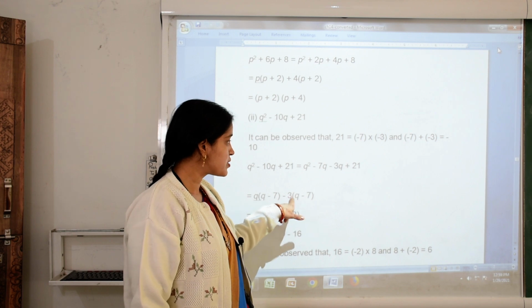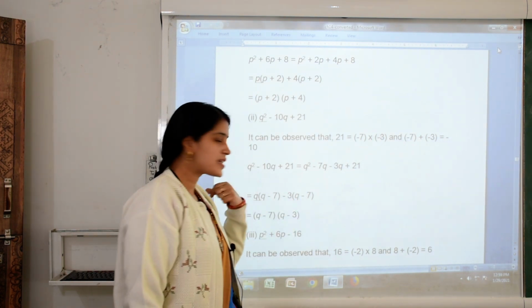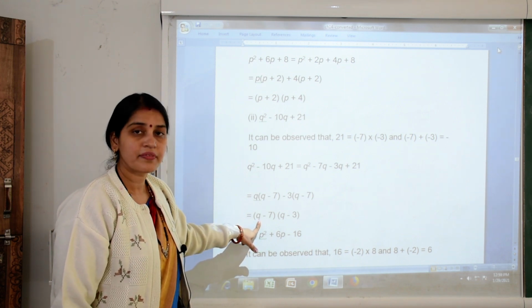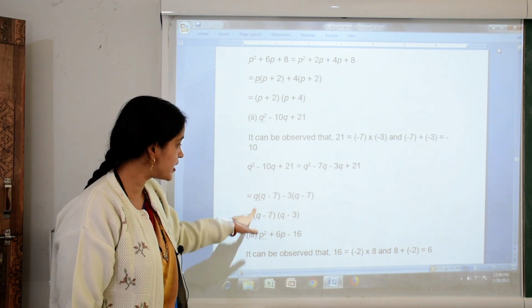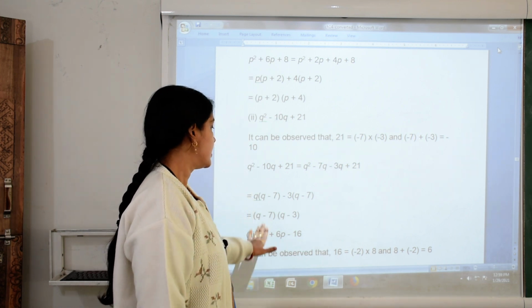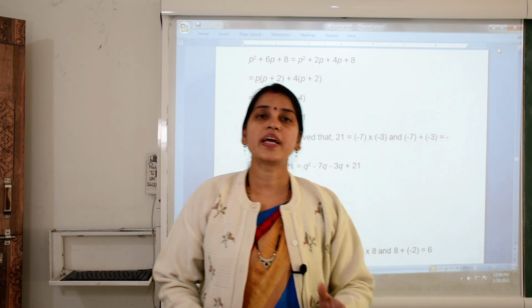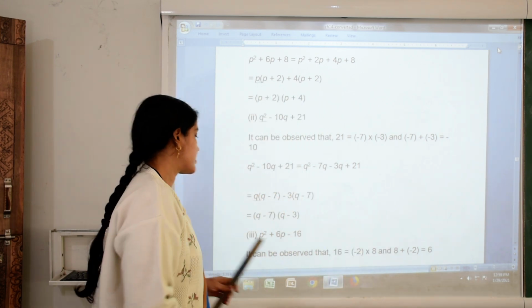So 3 comes outside and left q minus 7. So these two brackets are the same. So that one comes common, q minus 7, and the second bracket is q minus 3, which is our required answer. Okay, in this way you have to solve this exercise.